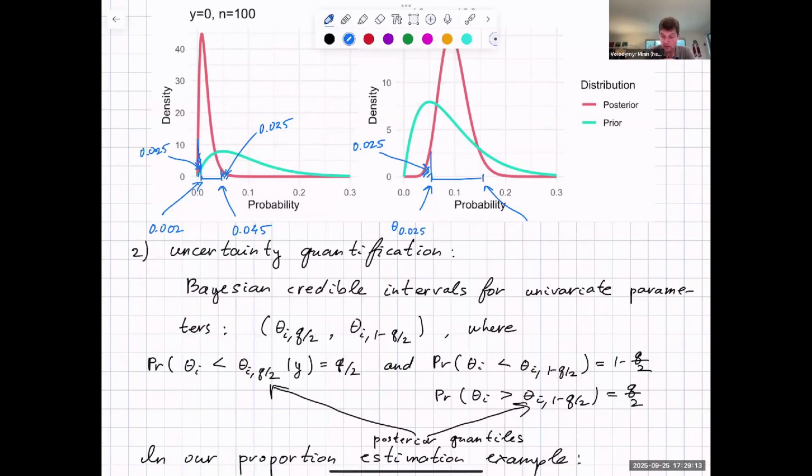So that means that whatever is left in the middle, this whole thing between these two numbers, which I'm going to put in green, is 0.95. So these quantiles are specific numbers that you find. They're basically solutions to integral equations, right? You try one number, you do the integral, and it's like, okay, that's 10%. That's not good. Let me move it. So you kind of numerically solve for these numbers until you get exactly 2.5% mass on the left, 2.5% mass on the right. That means 95% is left in the middle.